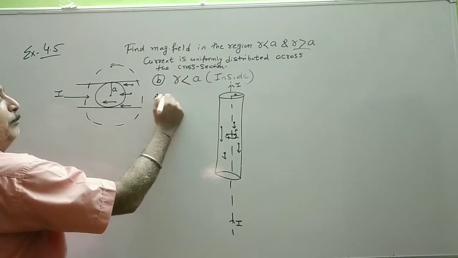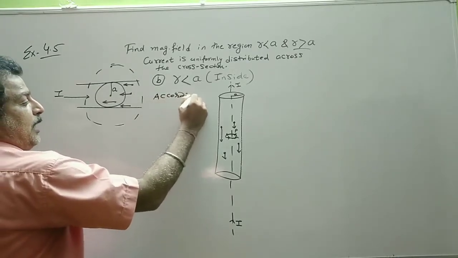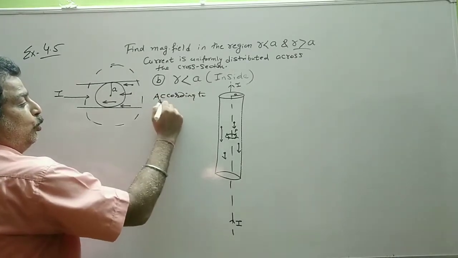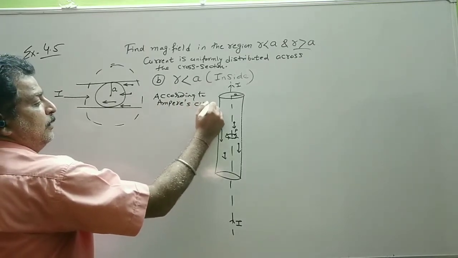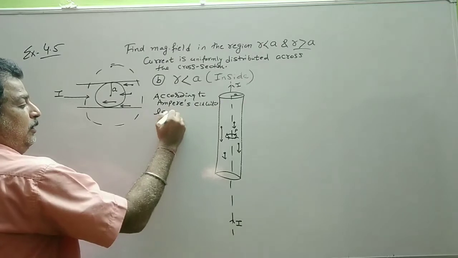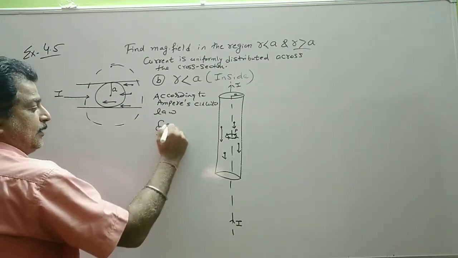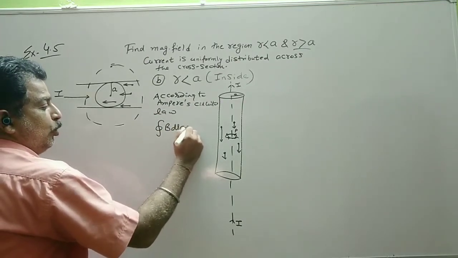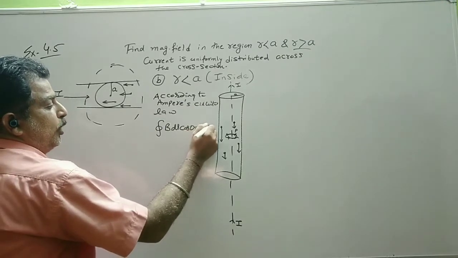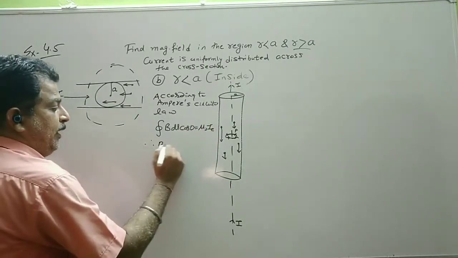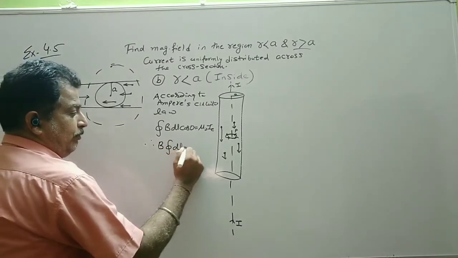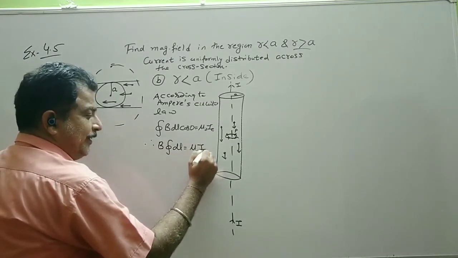First we write a step. Again the same step. According to Ampere's circuital law, I write this as directly B dl cos 0 is equal to mu naught I_E. Therefore, B times the line integral of dl is equal to mu naught I_E.